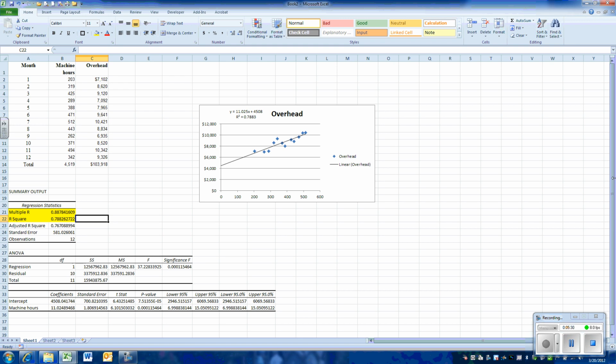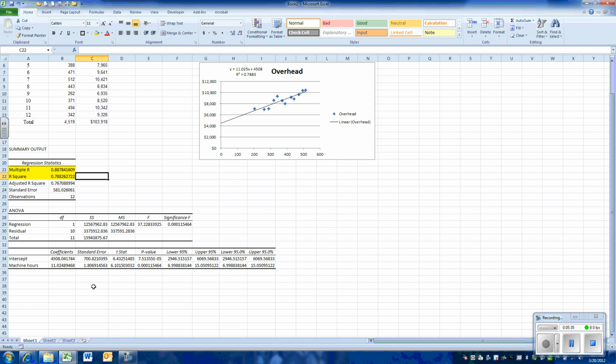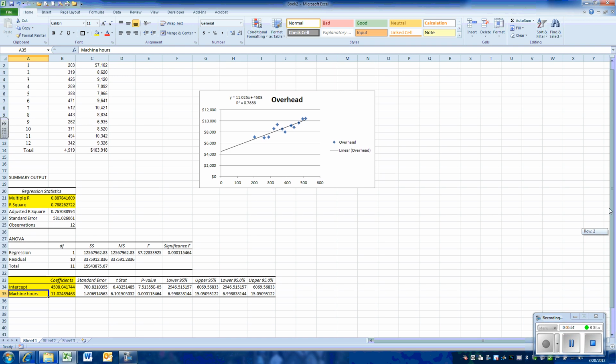Okay? We can skip over a lot of these other statistics and come down here. And these are our two numbers that we calculated for our formula. We see here machine hours, and that is giving us our cost driver, and this coefficient of 11.025, well, that's our cost per machine hour.